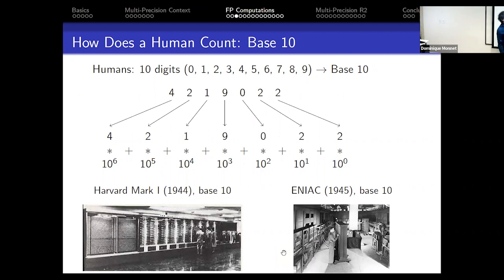Depending on the position of the digits in this sequence, I'm going to add them up, multiplying by the base to the power of the digit's position minus 1. So this 2 here means 2 multiplied by 10 to the 0, which is 1. Then I add that to the second digit multiplied by 10 to the 1, which is 10, and so forth, up to the last digit, 4 million here.